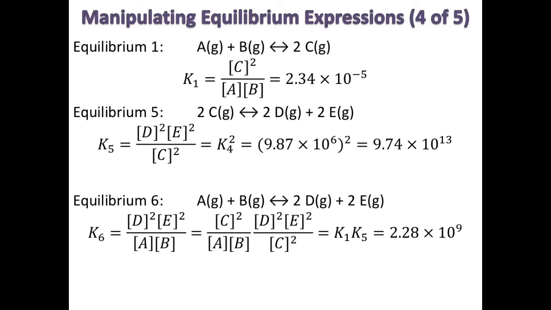So to go from A plus B to 2D plus 2E, we have D squared E squared over A times B. If we put C squared in the numerator over A and B, and then C squared in the denominator underneath D and E squared, basically you see that the combined equilibrium constant, K6, is K1 times K5, which is 2.28 times 10 to the ninth.